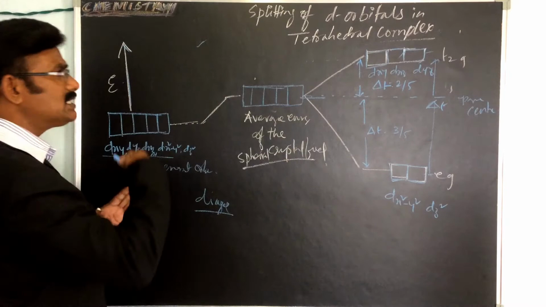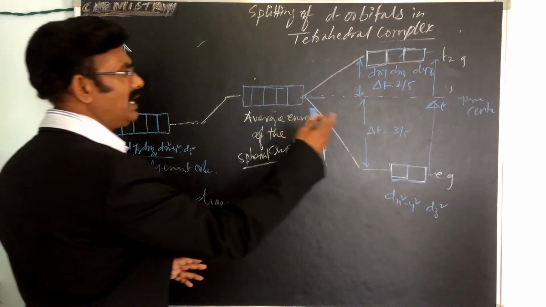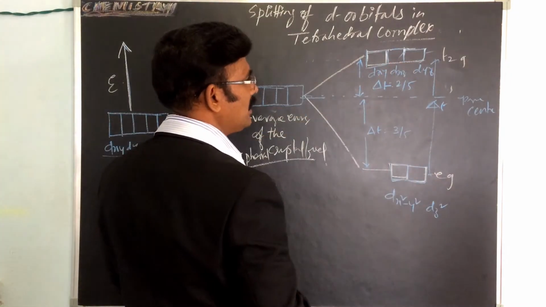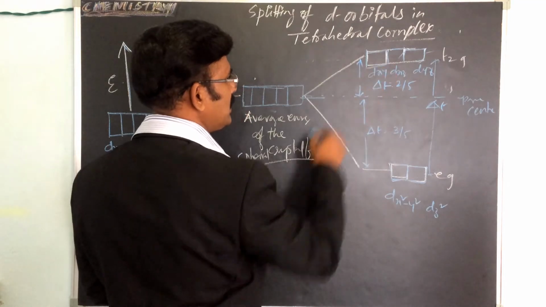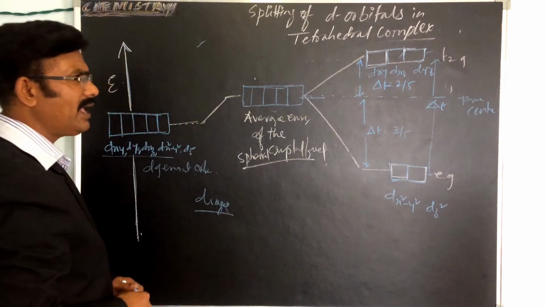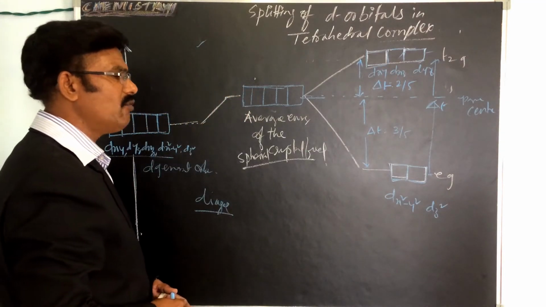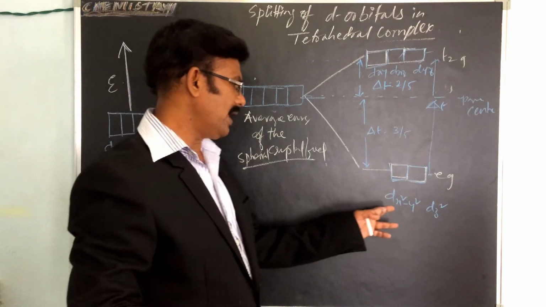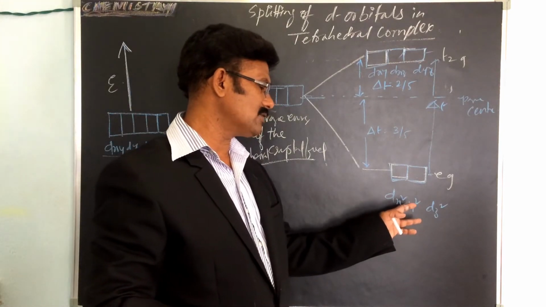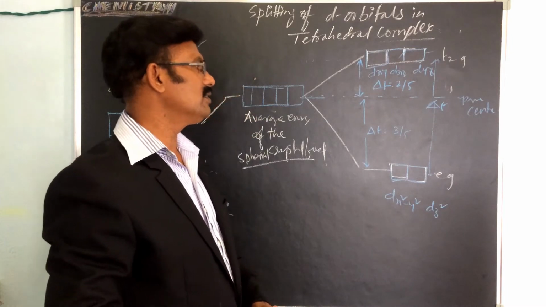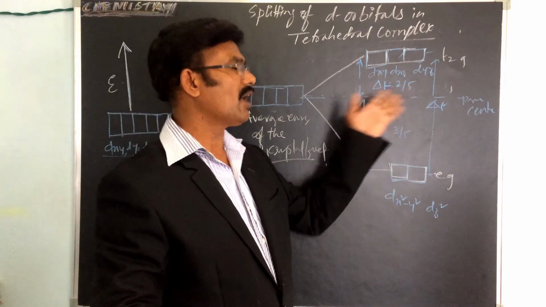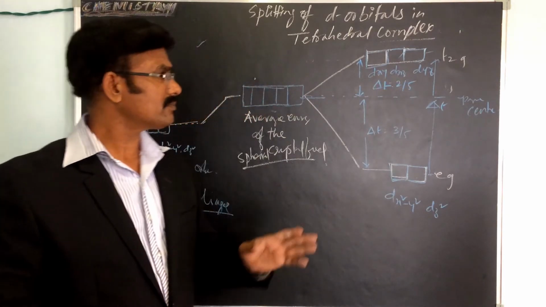There are two sets of splitting. One is the T2g, another one is the Eg. So T2g is the dxy, dxz and dyz. And Eg is the dx square minus y square and dz square. These are the two sets of d orbitals.